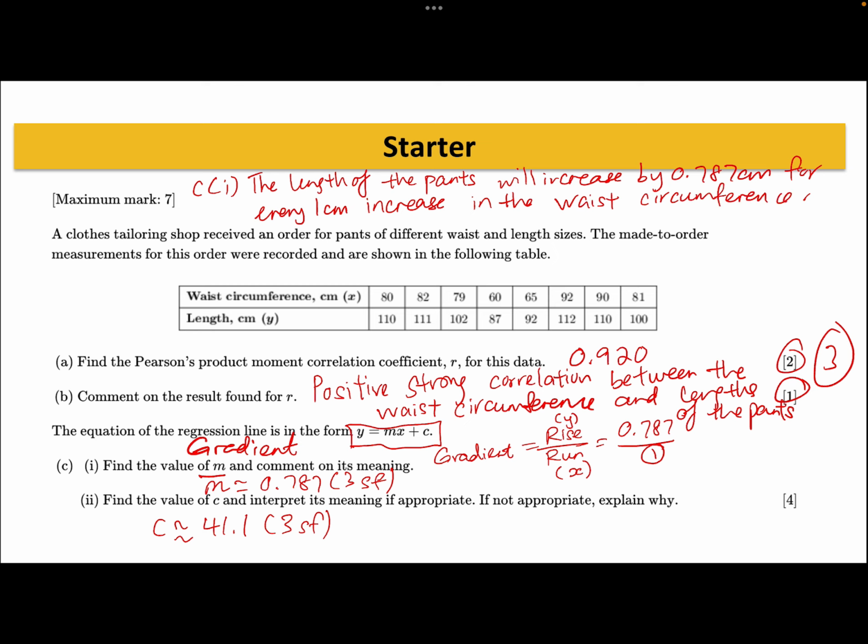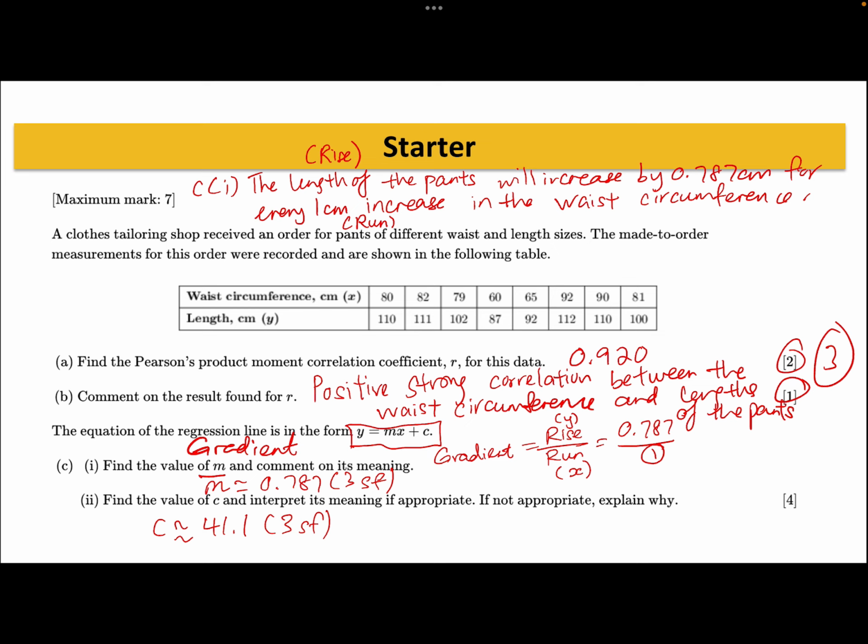So this is literally like your rise, and this is literally like your run. Does that make sense? That's how we interpret the gradient in this given context.